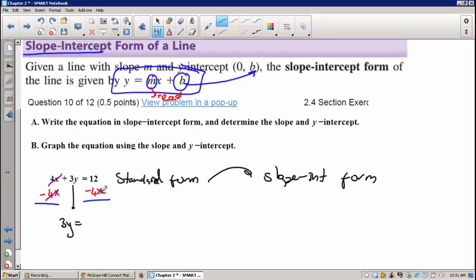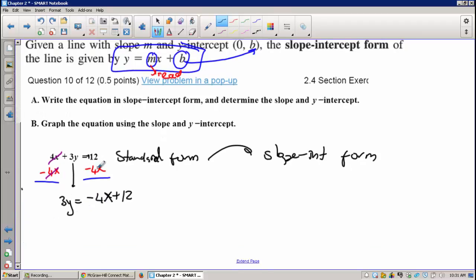Now where does 4x go then? It goes to the right side as minus 4x. And it doesn't subtract from 12, so it comes next to 12. Like this. Positive 12 is here. Negative 4x is in front. I like x's first, then numbers. So I put this in front of 12. Okay?